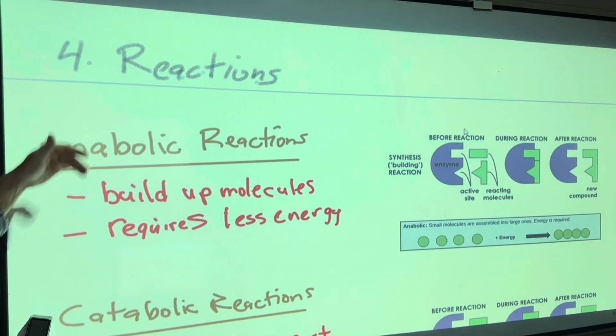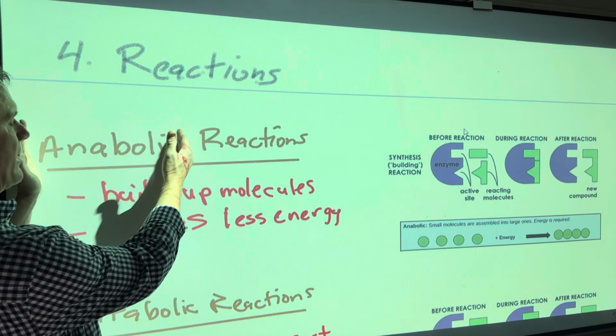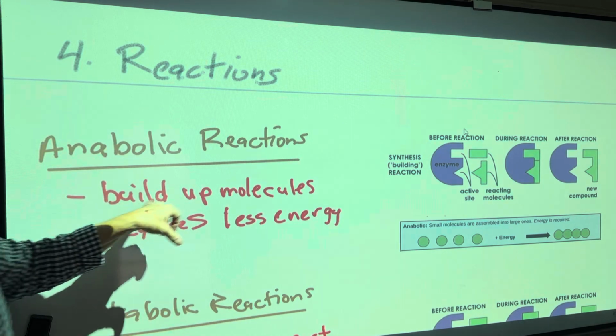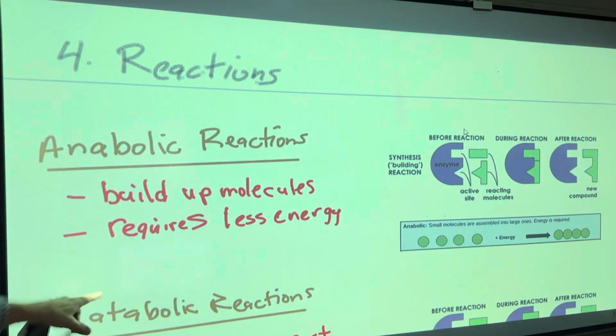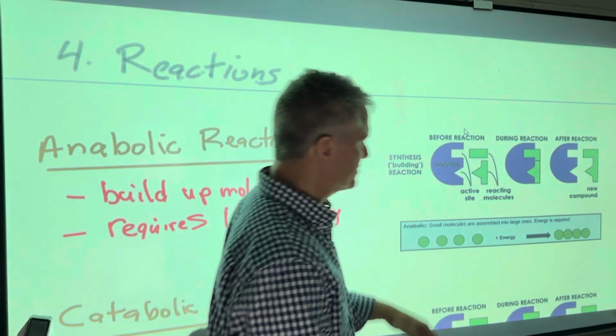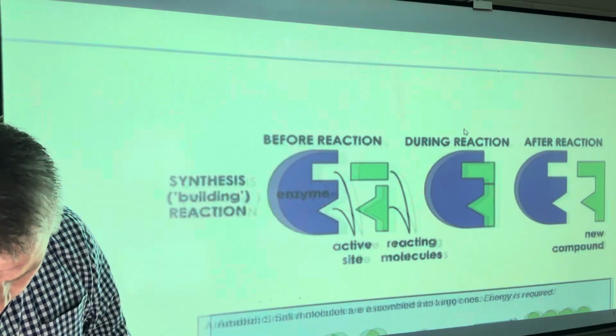If you understand what anabolic is, it'll help you understand what type of reaction this is. It's one that's actually building up a molecule, and these tend to require not as much energy.